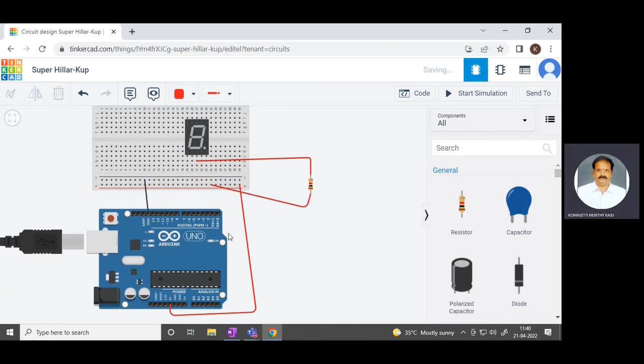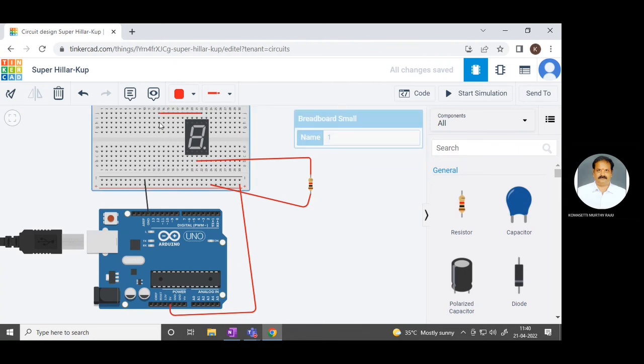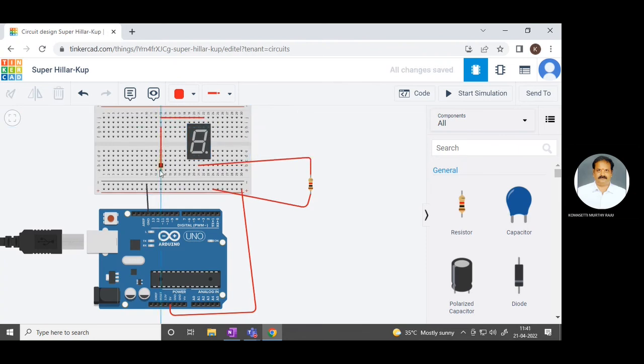This common point here is also another common point. Now, for A point, A is connected to ground. Simulate this one.